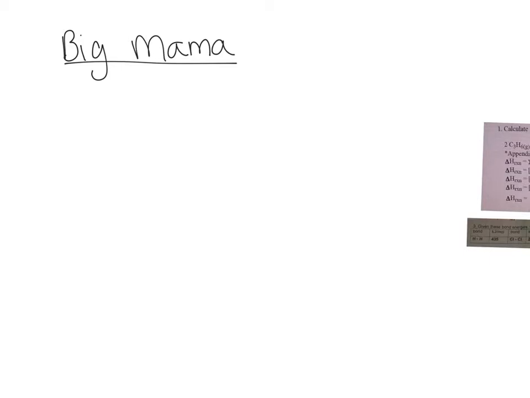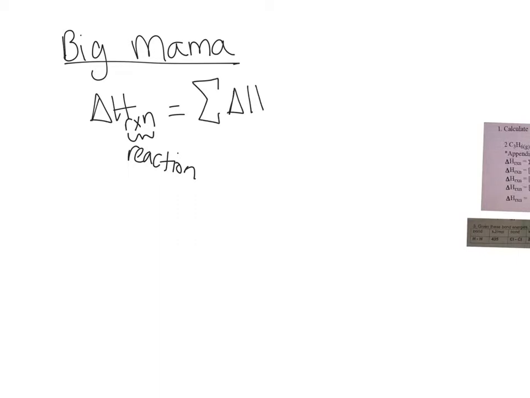Okay, and the way this one looked was you had delta H of your reaction. Please remember that RXN is reaction, by the way. That was equal to, and then we made this fancy little E with a delta H of products minus another fancy E, delta H of reactants.